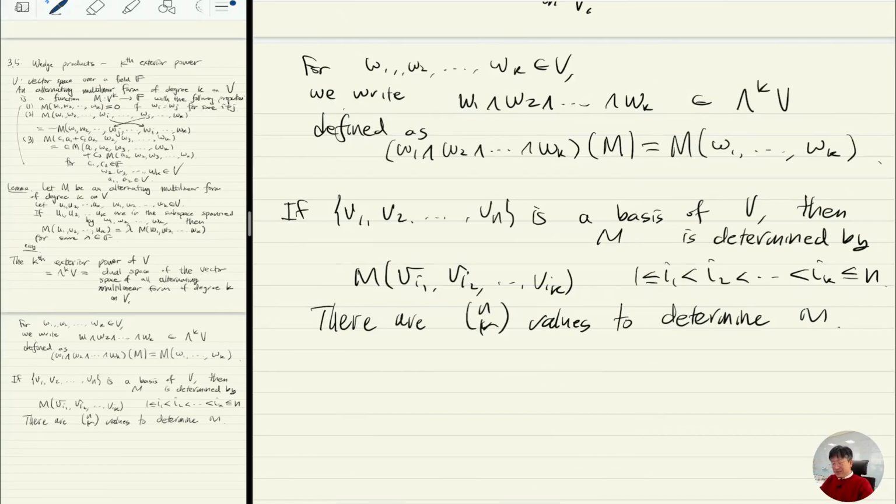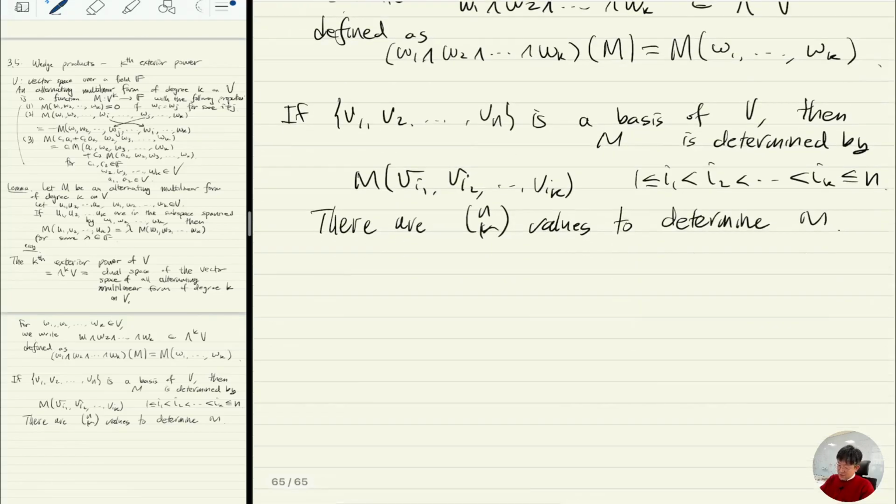What I mean is I can choose M of v1 up to vk to be 1, and all other choices I can give 0, and that's still an alternating multilinear form. That is actually quite easy to see.